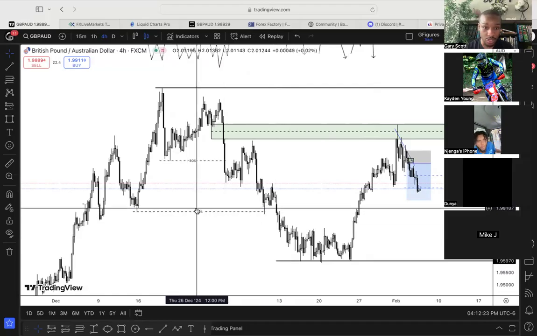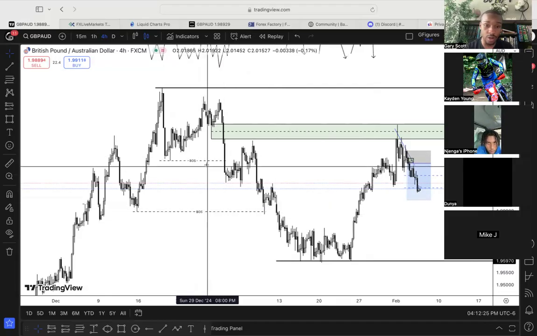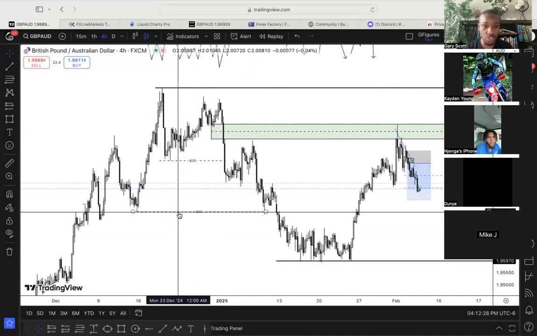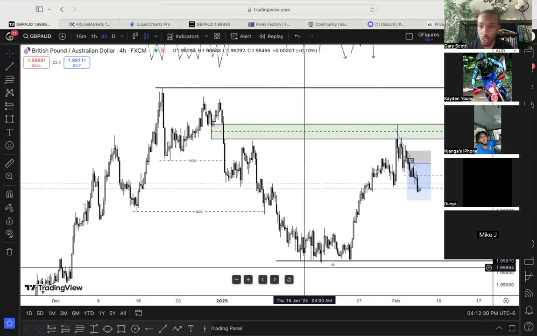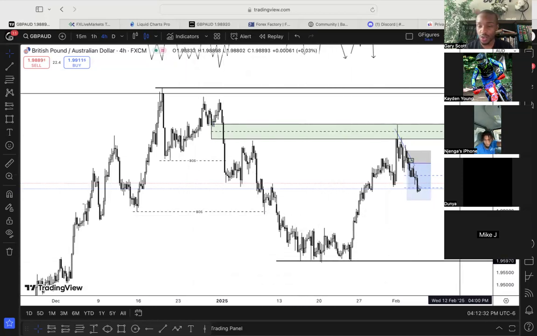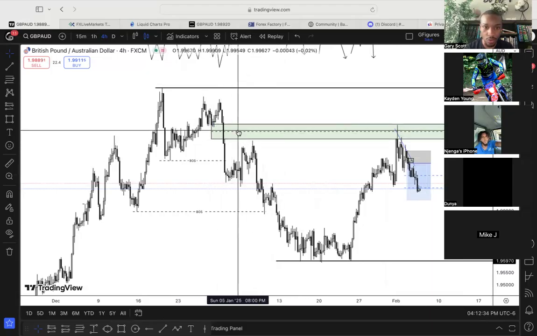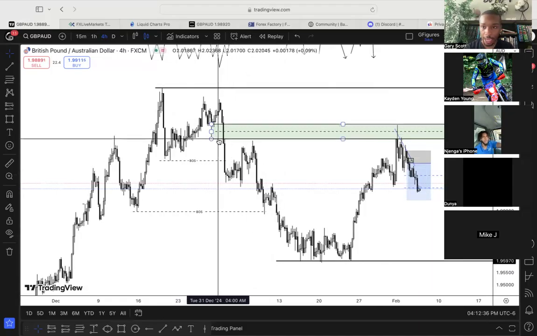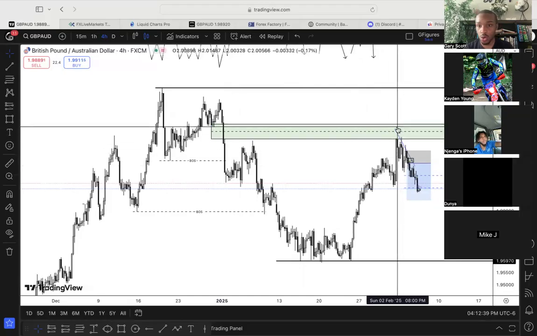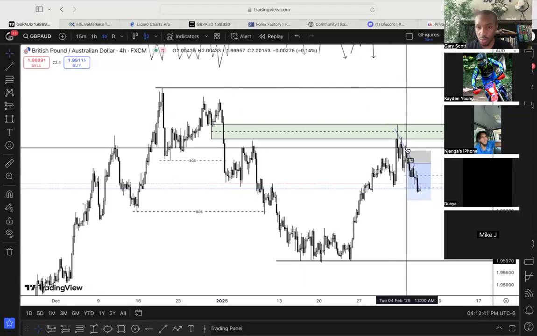You got your break of structure. You got two, that's double confirmation. You got two breaks of structure, a major lower low and then a retest to, there you go, Mike, a fair value gap level, a deep one at that. So now you get the strong rejection and then the candle that closes below.